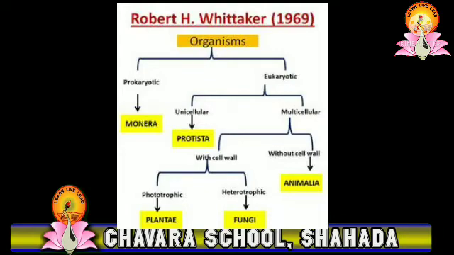Phototropic consist of Plantae since they can perform the process of photosynthesis, and heterotropic consist of fungi, which is the 4th kingdom of classification. The example for organisms whose cells do not have cell walls in them is kingdom Animalia. So here in this flowchart, there are total 5 kingdoms given on the screen which are highlighted in yellow color.